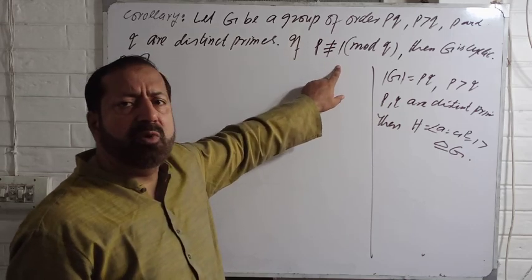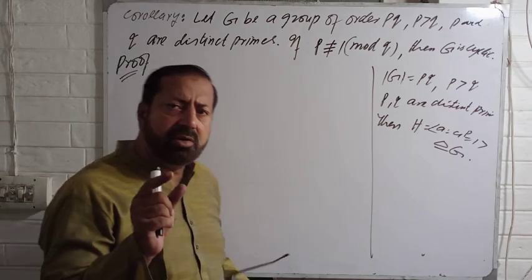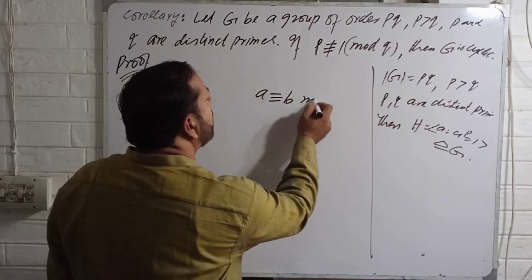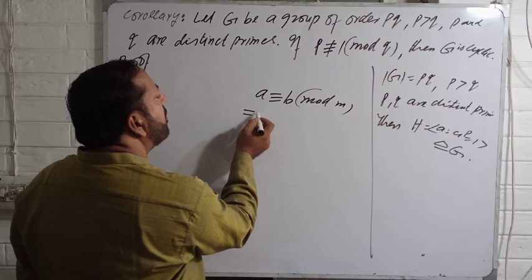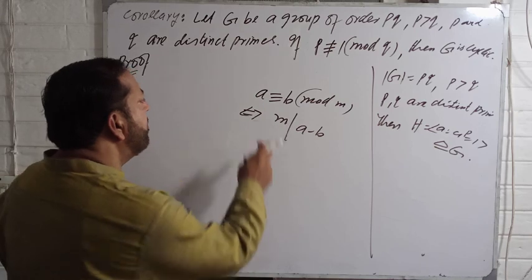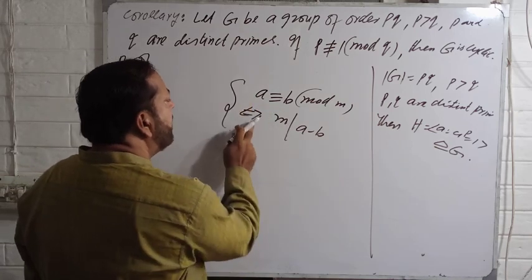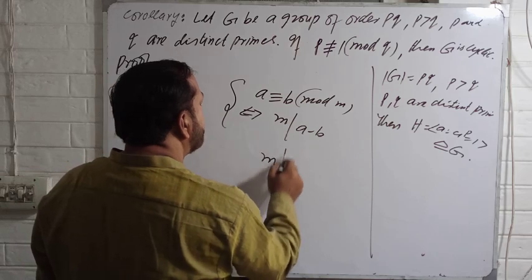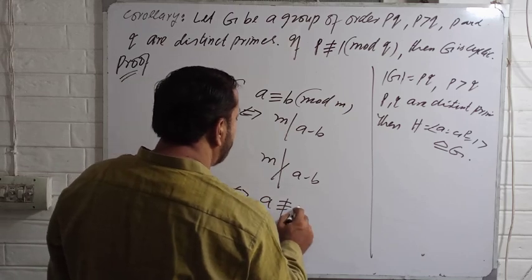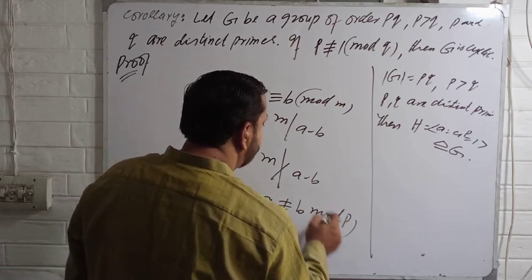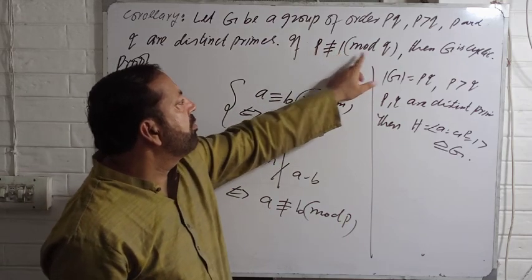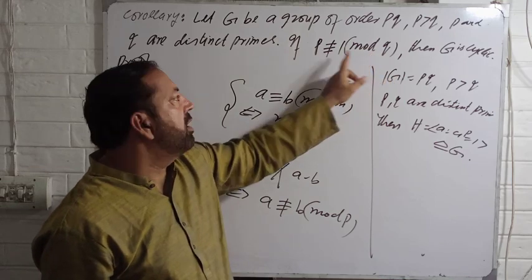If P is incongruent to one mod Q, I just want to teach you a little bit of number theory. We say that A is congruent to B modulo M if and only if M divides A minus B. If M does not divide A minus B, then A is incongruent to B modulo M. So when I say that P is incongruent to 1 modulo Q, this means that Q does not divide P minus 1.